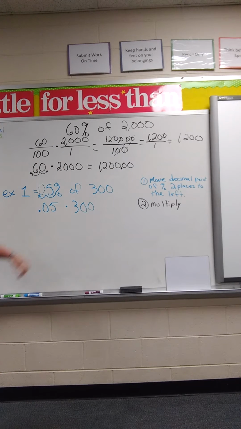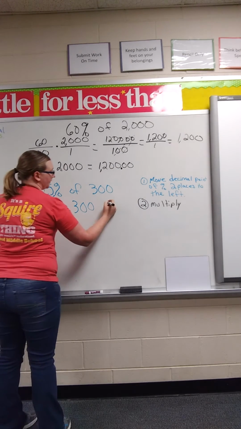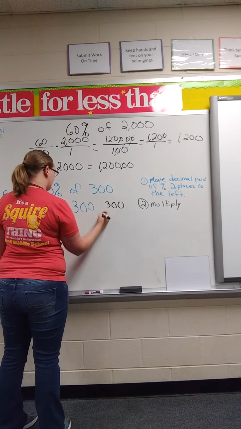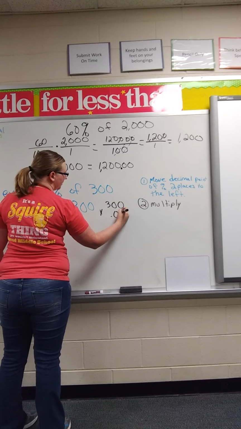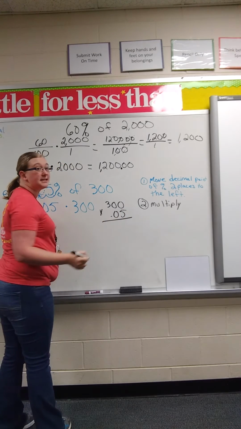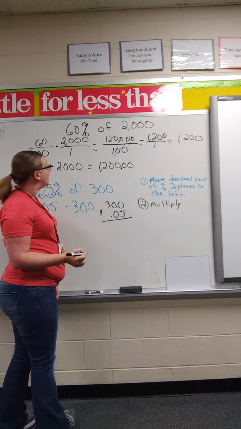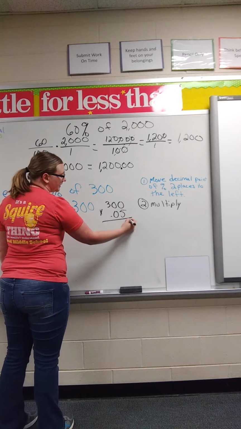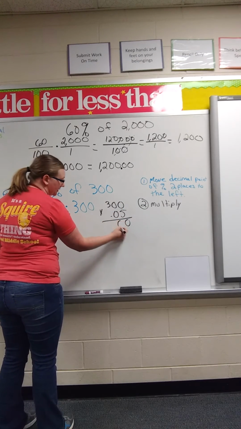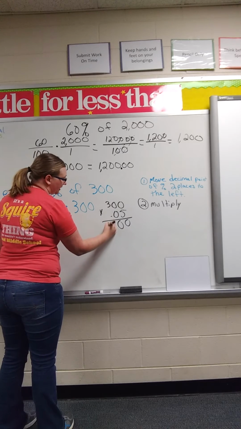0.05 times 300. 5 times 3 is 15. You're guessing, and it's not 1,500. 5 times 0 is 0. 5 times 0 is 0. 5 times 3 is 15.